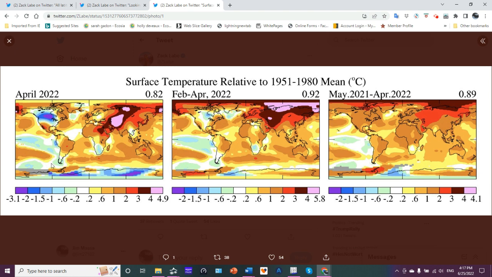You had a couple of oceanic places here that were a little cooler. That can be accounted for by ENSO events and other physical processes. Even the North Atlantic, which is typically a cold spot because of all the meltwater from Greenland affecting the air temperature above it, is not as cool as it has been in the past.